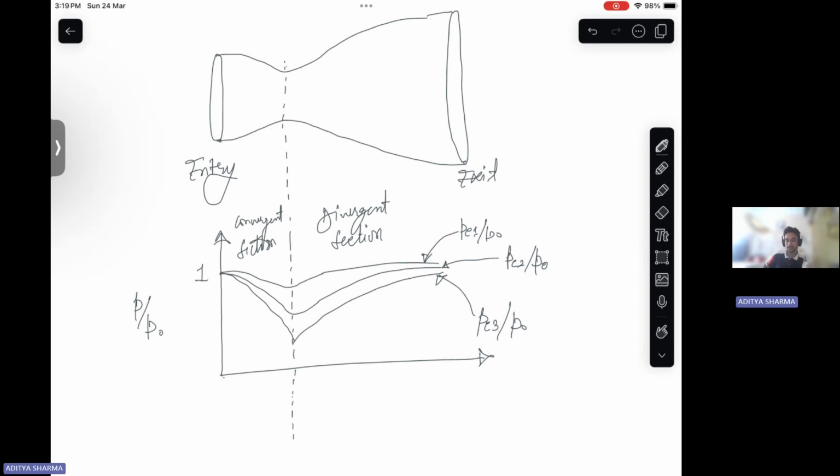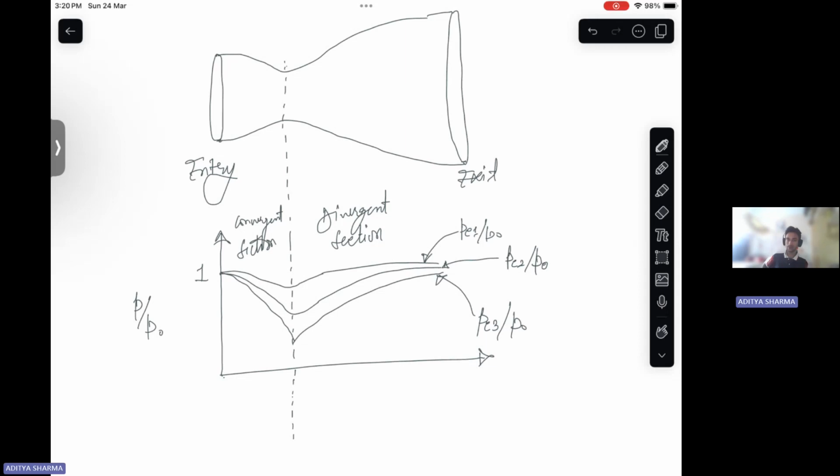So what happens is, as the flow moves in the convergent section, it starts to accelerate, and because of that, its static pressure starts to decrease, right? But it varies from case to case.